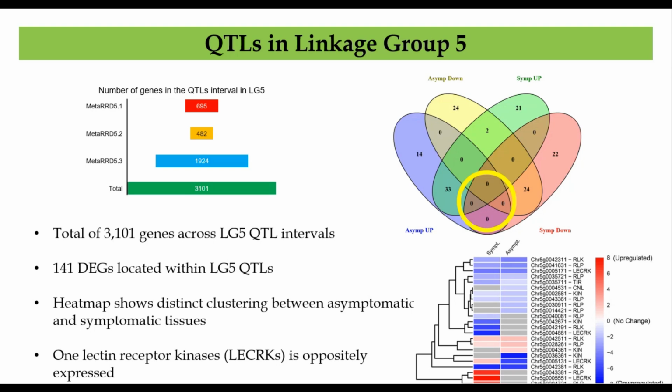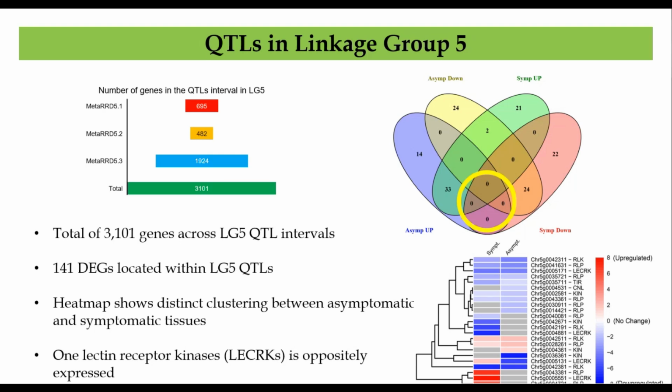Our comparative analysis found that there are 141 genes that are differentially expressed and also reside in this region. If you map these 141 genes in a Venn diagram, you would also see they are not actually common. Their distributions are unique across conditions as well. This heat map shows they are differentially expressed from the RNA-seq or the transcriptome analysis.